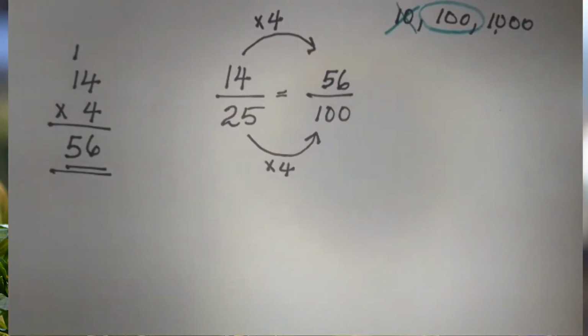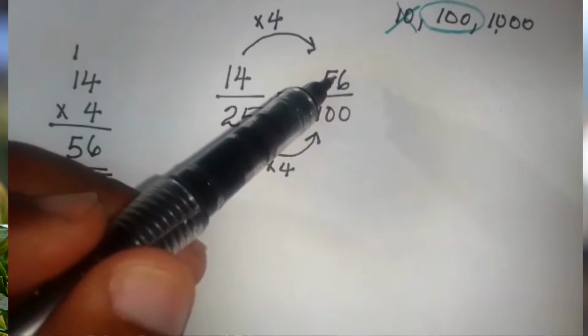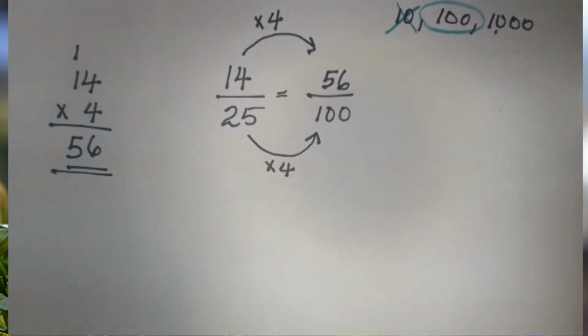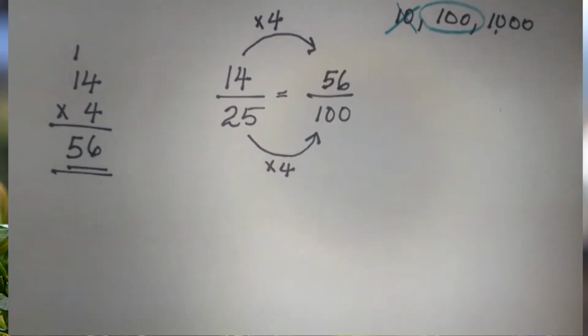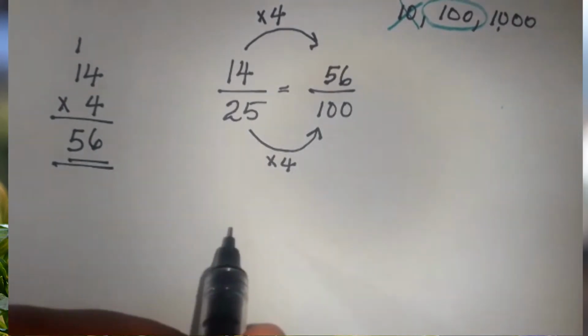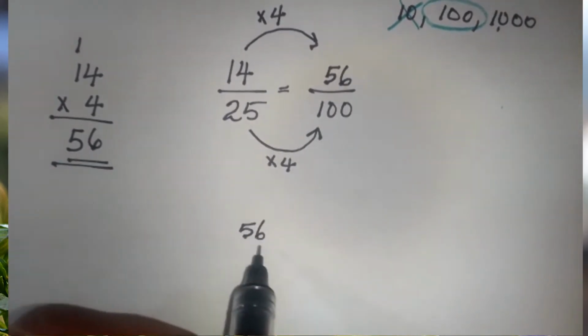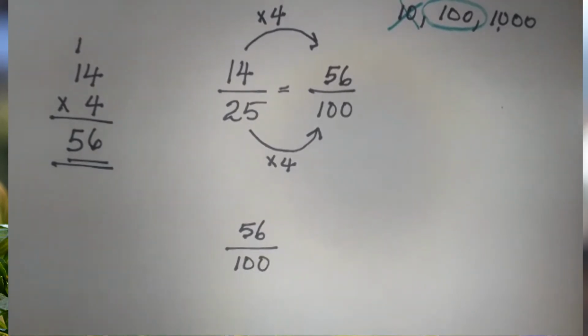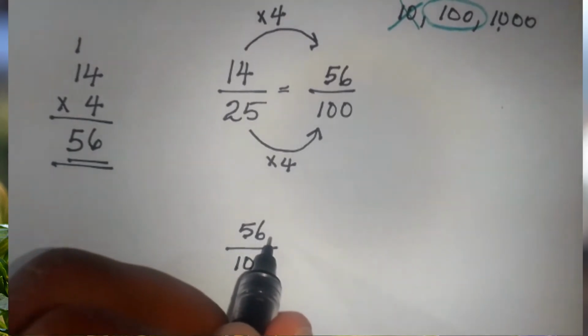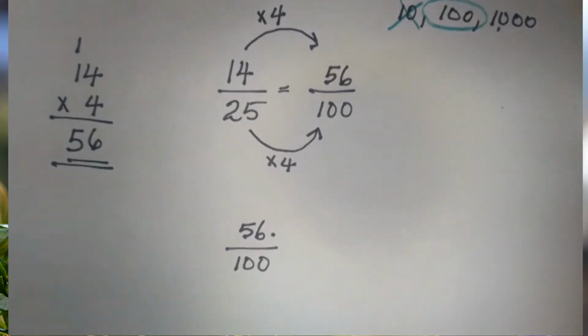Now let me show you again. This is a fraction with the denominator being 100. How can I write that as a decimal? Let's go. We have 56 over 100. Where would the decimal point fall in the number 56 itself? After the 6. So I can put my decimal point here.